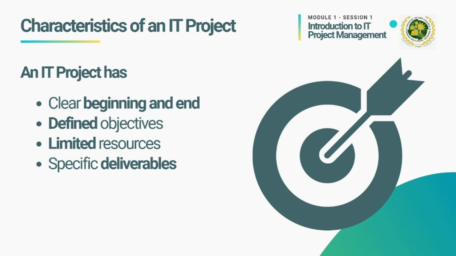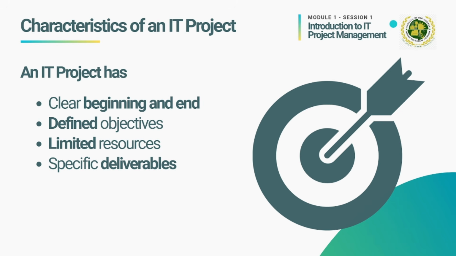A project has a clear beginning and an end, and it properly defines an end goal. So those are the things that we have to remember. The difference between project and operation.